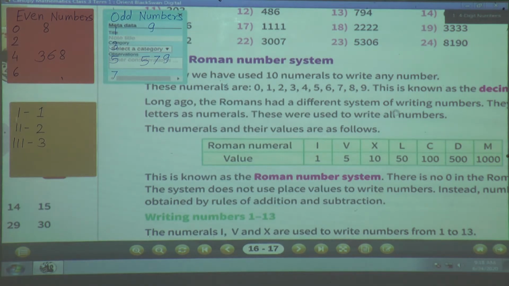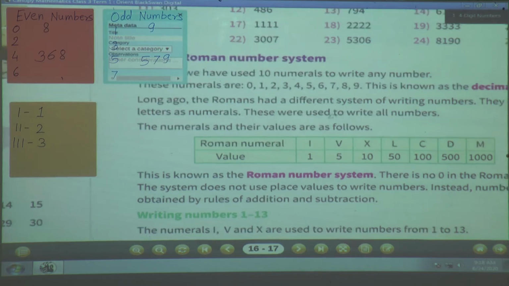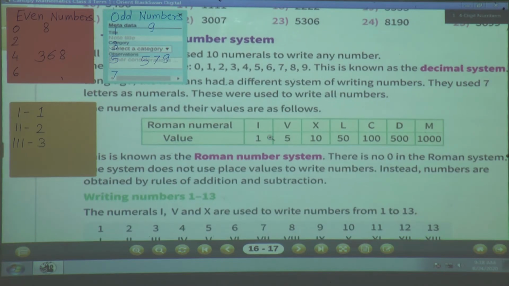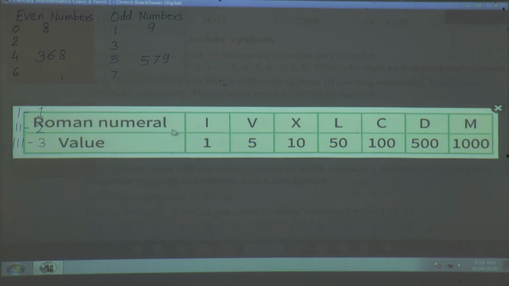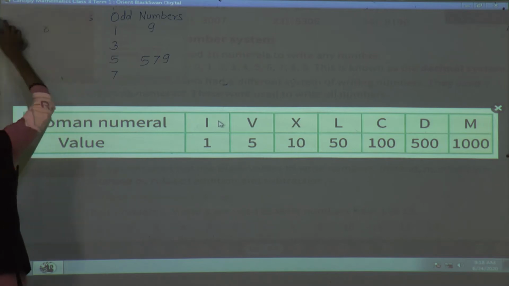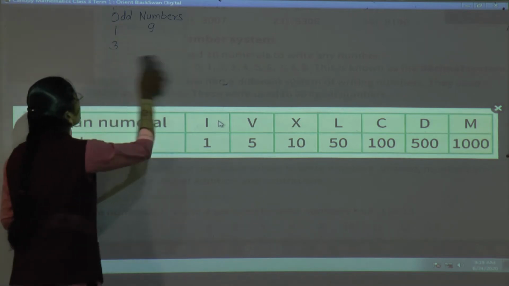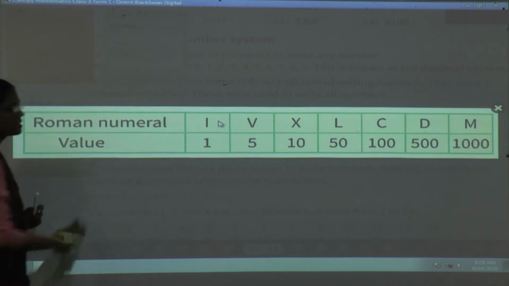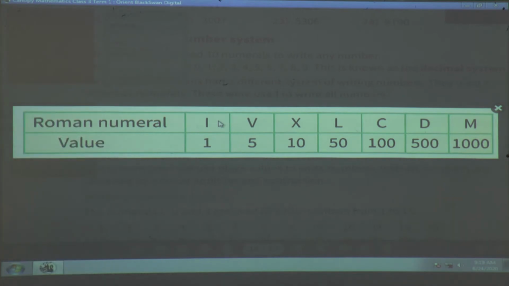So they were using letters to write the numbers. Now which letters were there? See this, Roman numerals. There were 7 letters. By using these 7 letters, we can write any number in the Roman number system.